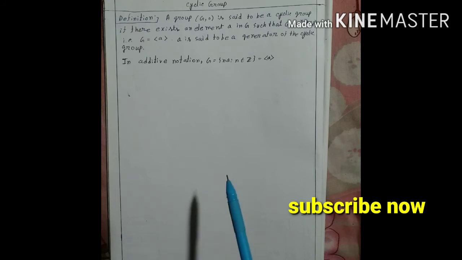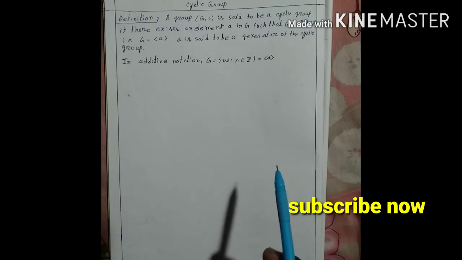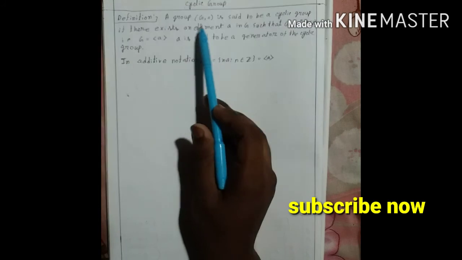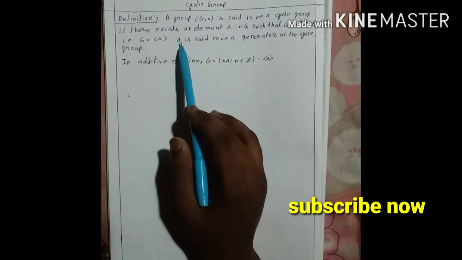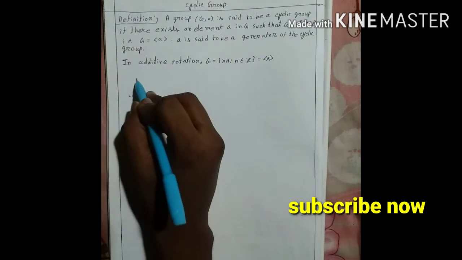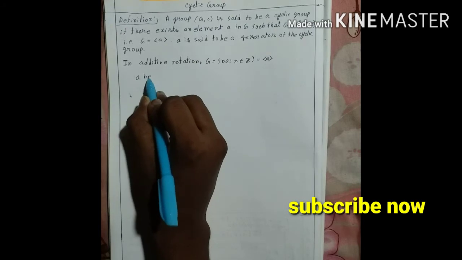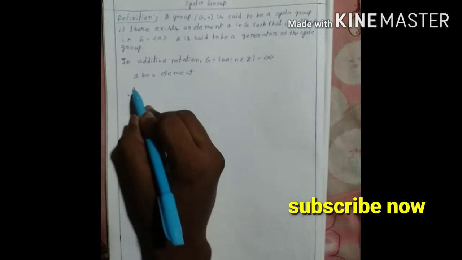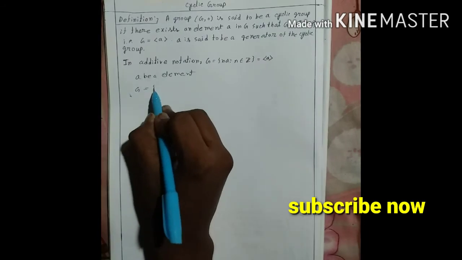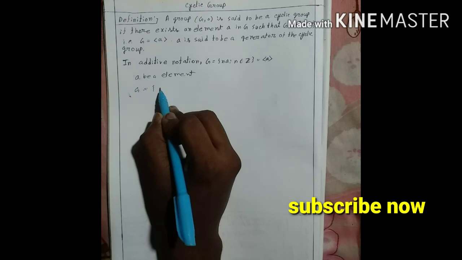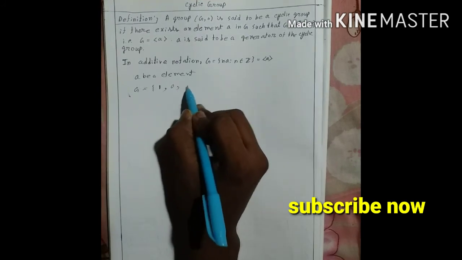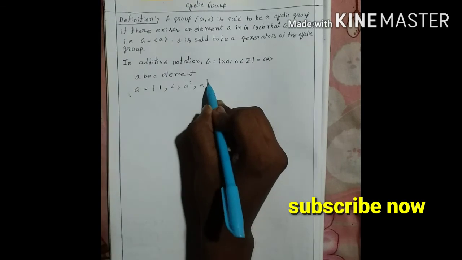In additive notation, G = {na : n belongs to Z} = ⟨a⟩, generated by a. This means that if a is an element and G is a group, every element of G can be written like that: identity, a, a square, a cube, and so on.